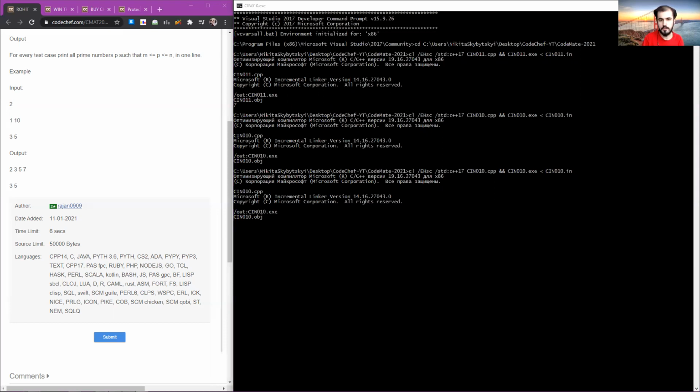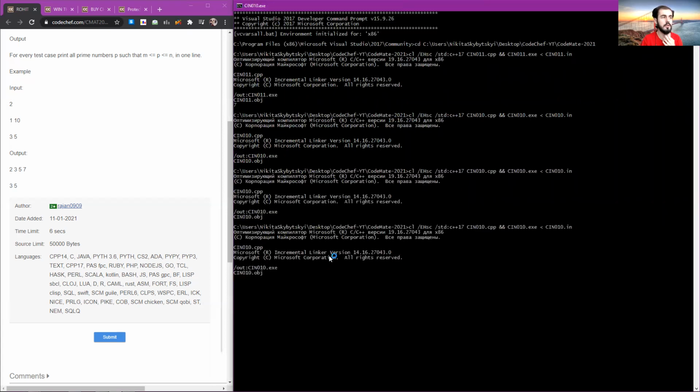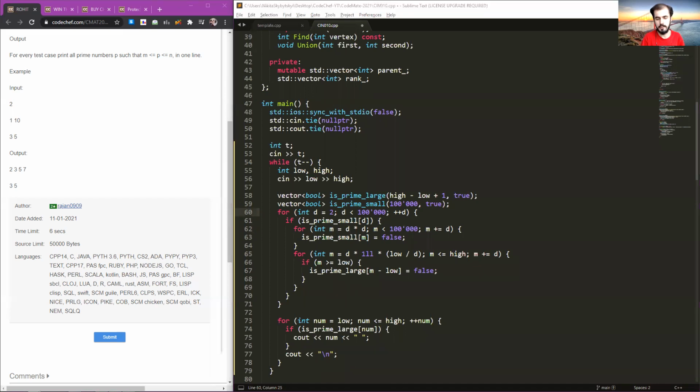Okay, no, it's strange, it's not working. Which part is not working? This part should work. No, this part is already not working. How is that not working? Wait a second. I don't understand.